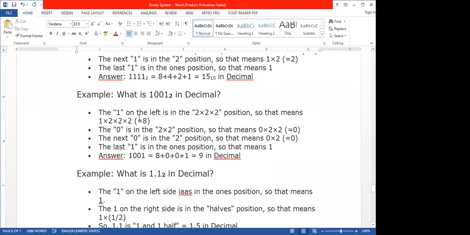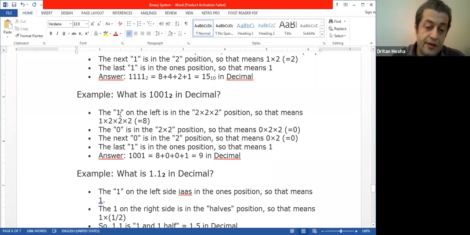So, let's explain again. The digit on the left shows the 8's, or 2 times 2 times 2, because we start from 0 here: 2 at power 0, 2 at power 1, 2 at power 2, 2 at power 3.